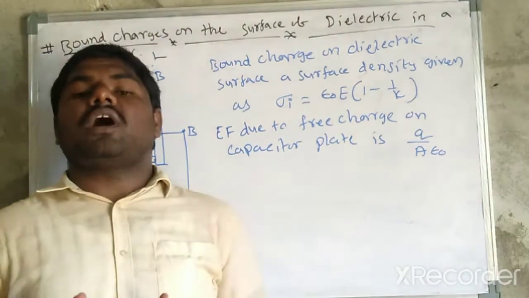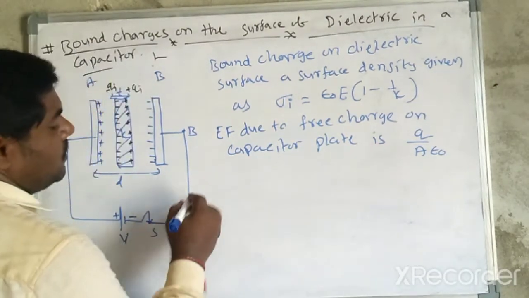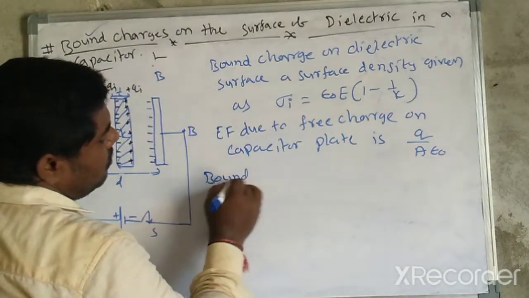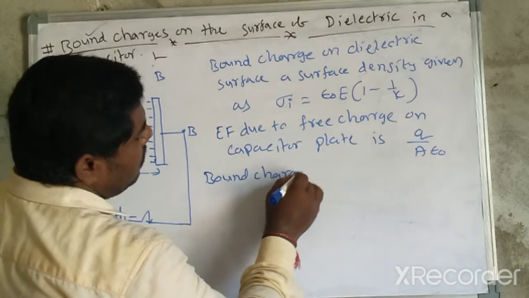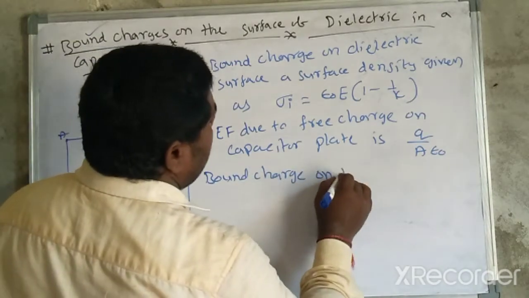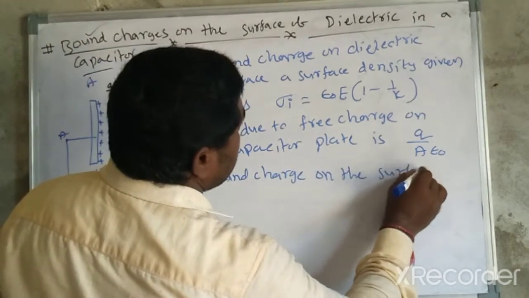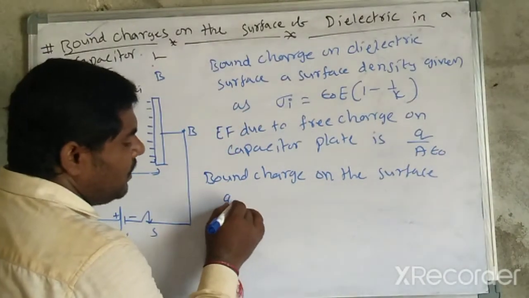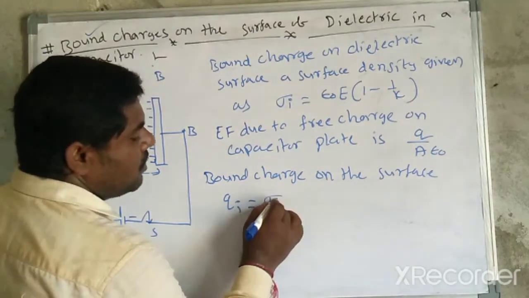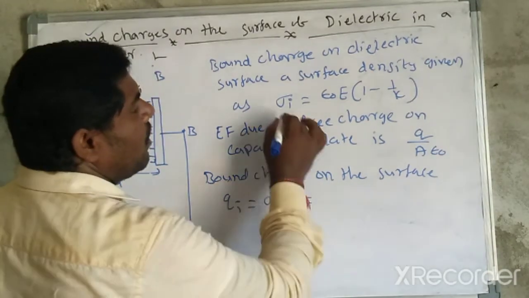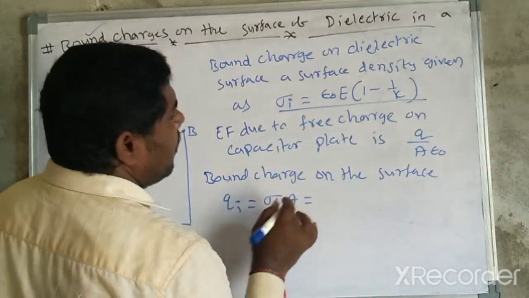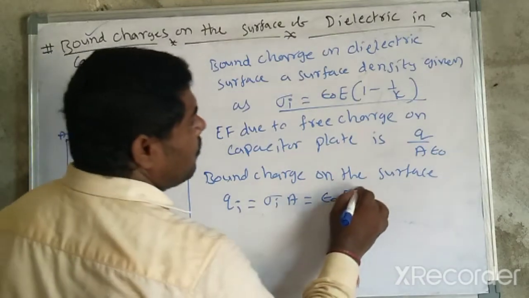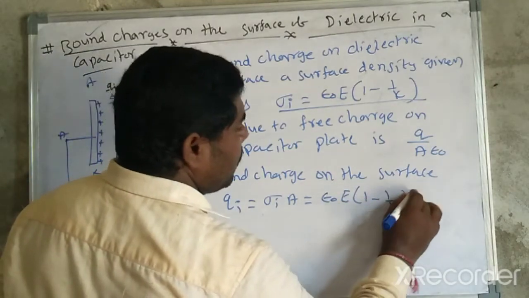Now, our main aim is the bound charge on the surface. The induced charge Qi is equal to sigma i into area. Substitute the sigma i value: epsilon naught into electric field into (1 minus 1 by K) into area.